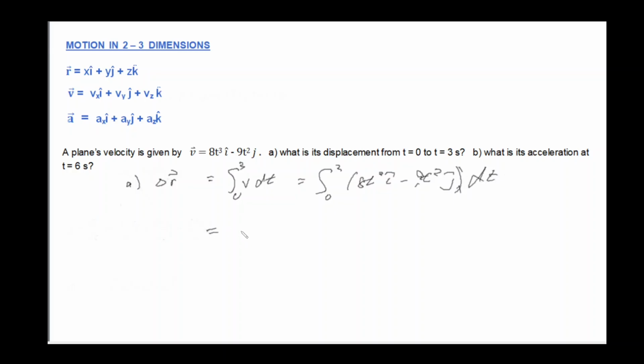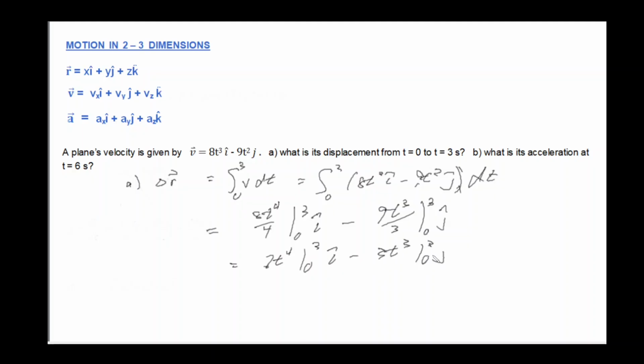And so we'll do that, and we get 8t to the 4th over 4 from 0 to 3 i minus 9t cubed over 3 from 0 to 3 j, which gives us 2t to the fourth from 0 to 3 i minus 3t cubed from 0 to 3 j.